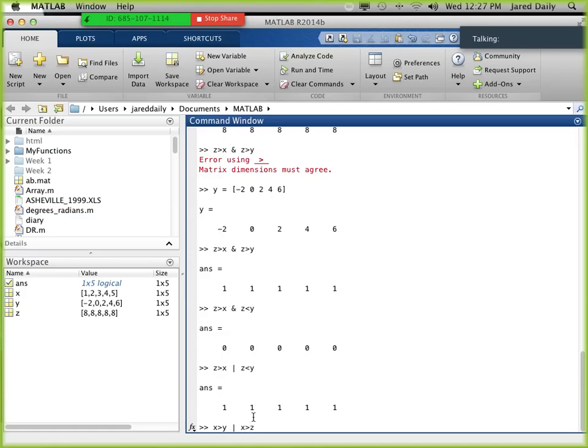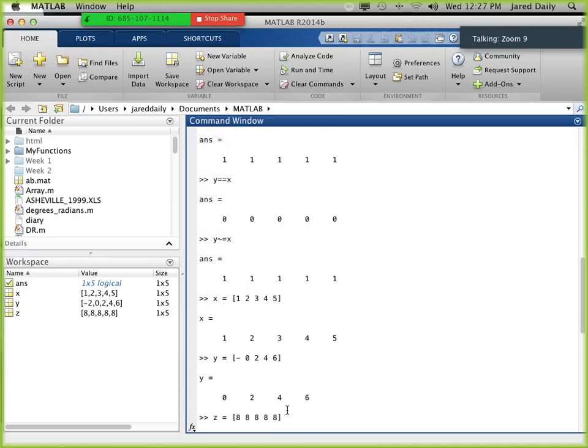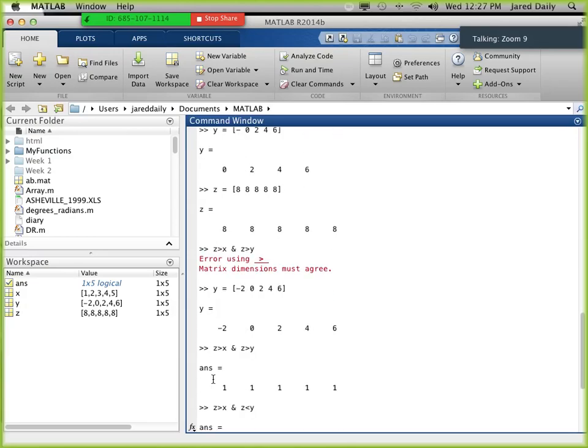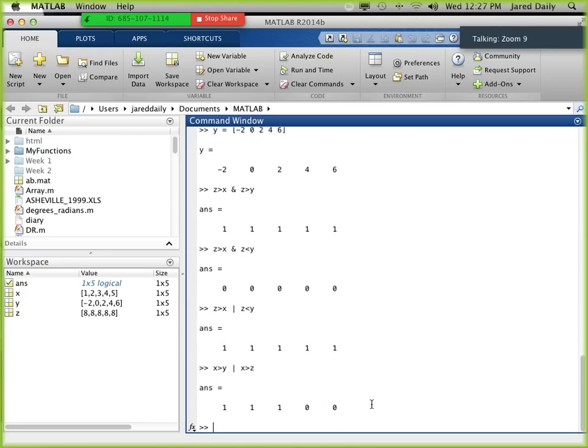So we're going to do an x greater than y or x greater than z. And it turns out that that is true in 3 of these instances, where x is greater than y or x is greater than z for the first 3 indices or first 3 elements of each of these arrays. But for the last 2, it's not true for either of them. So it's completely false. And then, let's see, they don't use an or here, but I mean a not.